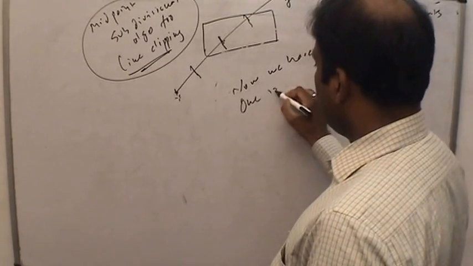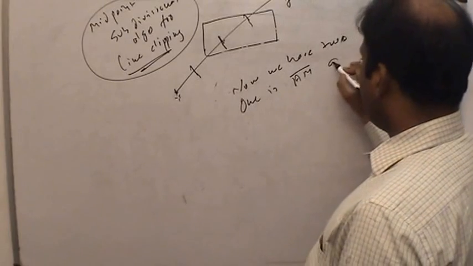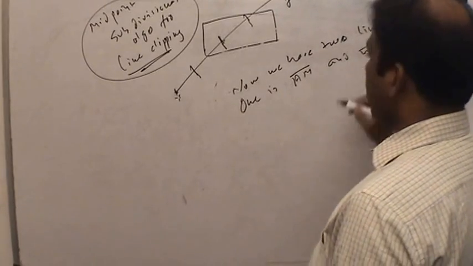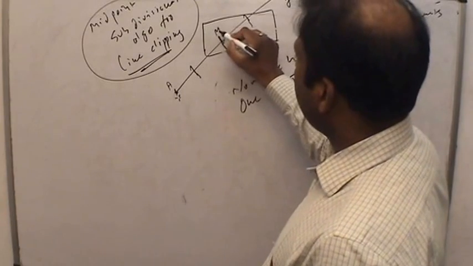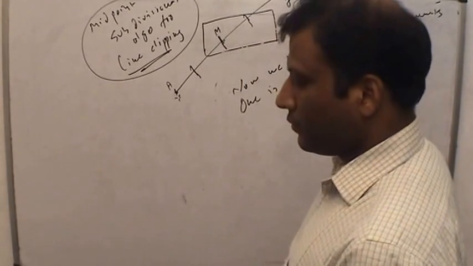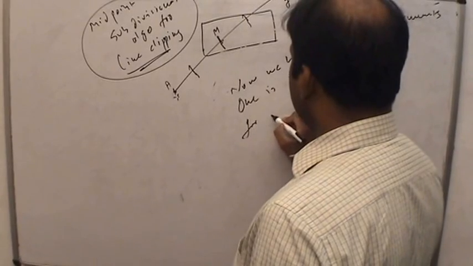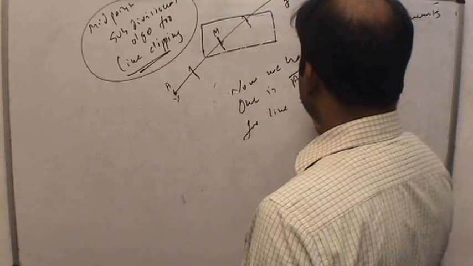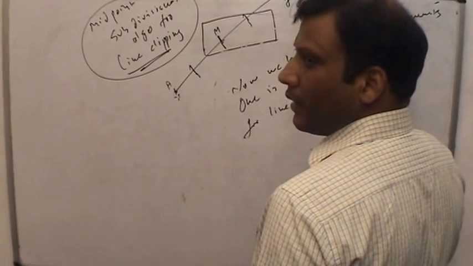One is AM, and the second is MB. This is for line segment AM.